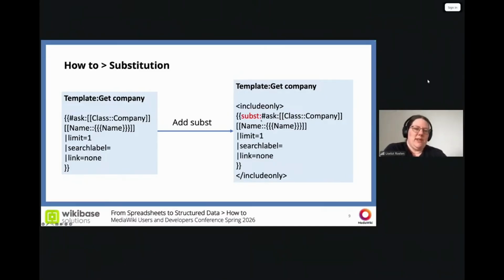And then you have to add subst to it, and you also have to add includeonly tags in this case, because else the subst will actually activate on the template source code, which you don't want. You just want this source code to remain the same, and the subst should only work when you are calling the template from another page.